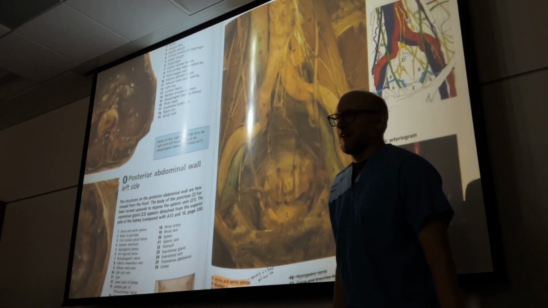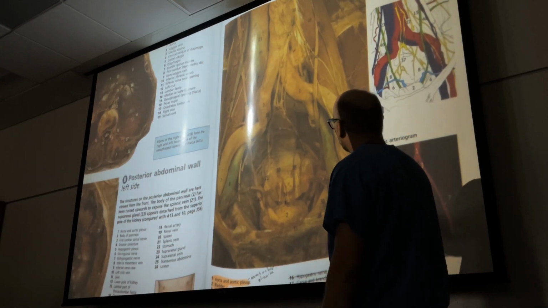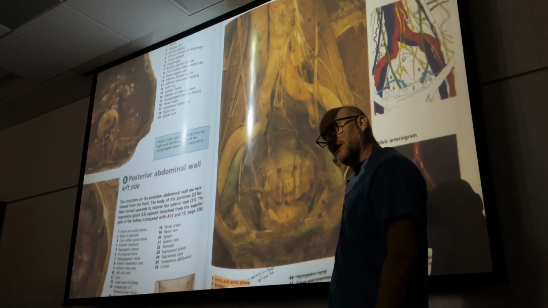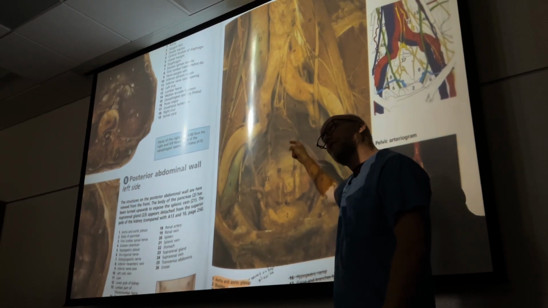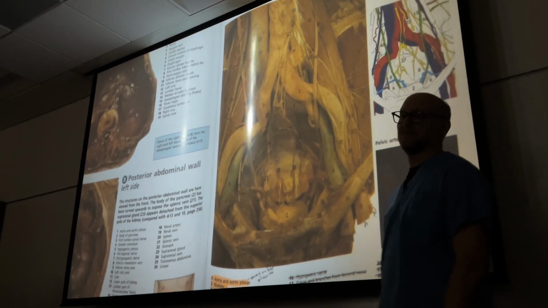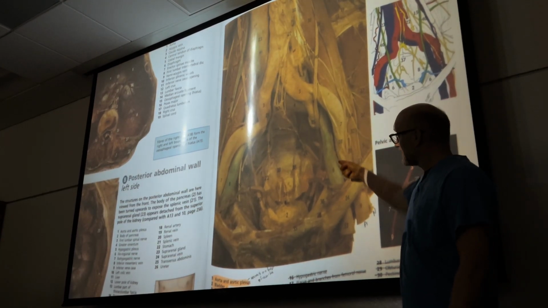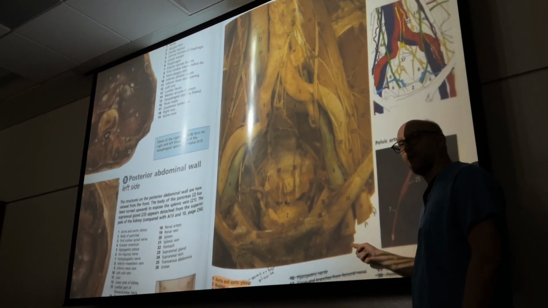The common iliac veins then bifurcate. One goes external, one goes deep. So it's going to be the external iliac veins and the internal iliac veins. Same thing with your external iliac veins. Once they cross the inguinal ligament, they become the femoral vein.